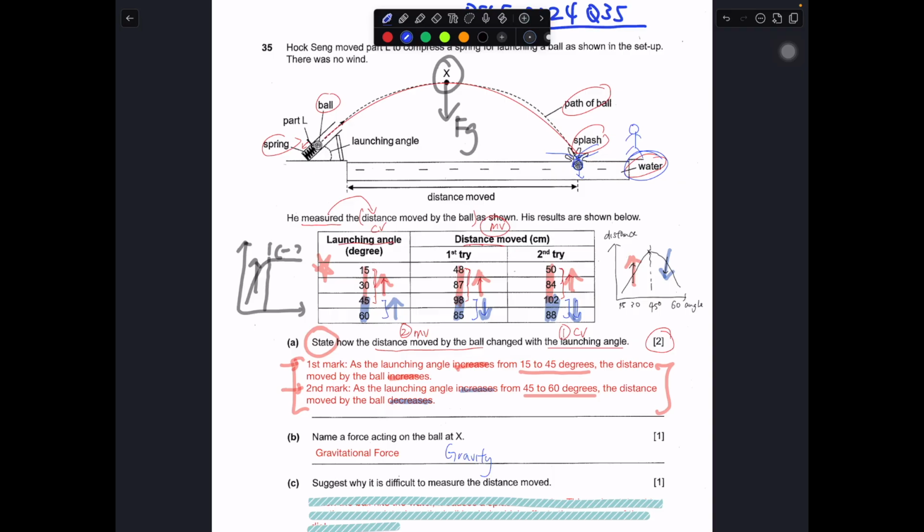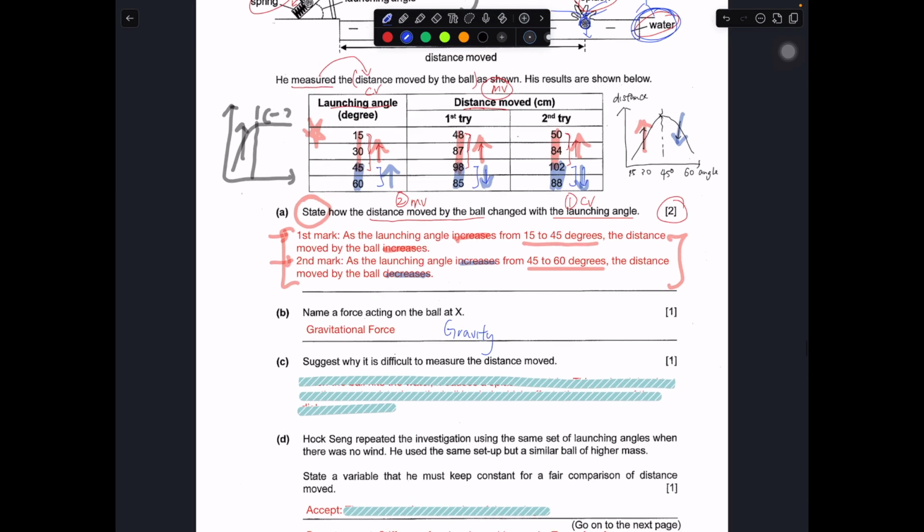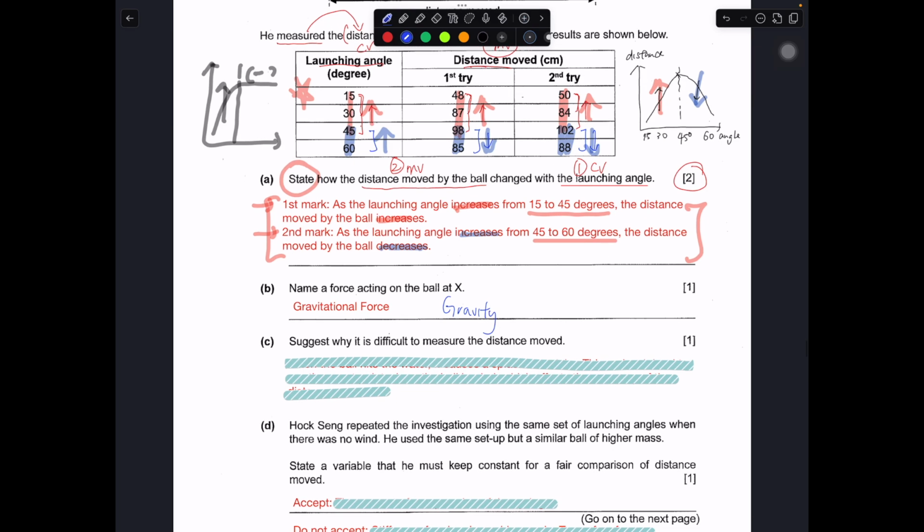So it's very difficult. Because of the way the experiment is conducted, on a water body, it affects your accuracy. If this setup were conducted on sand, it would be much better. It will increase the accuracy. So this is something to do with accuracy.